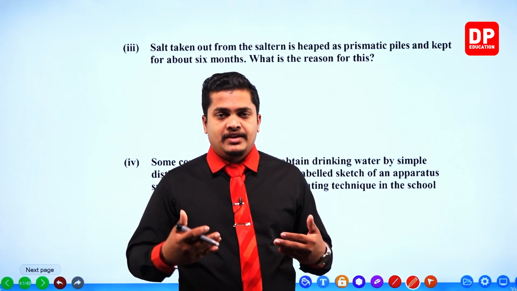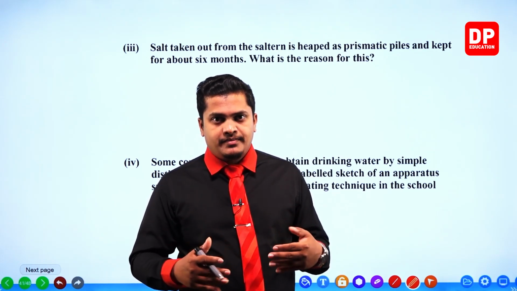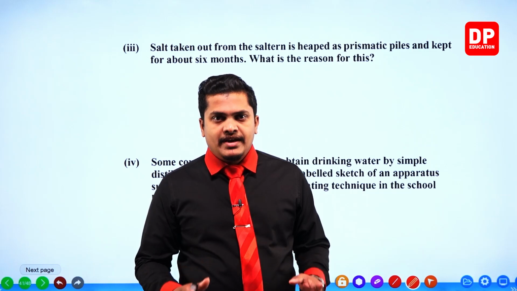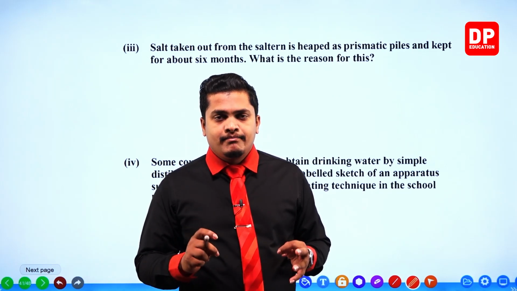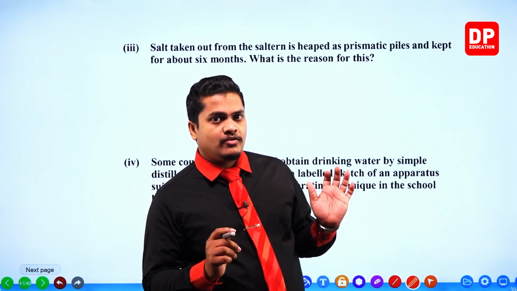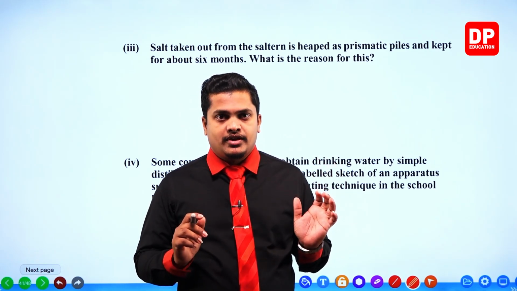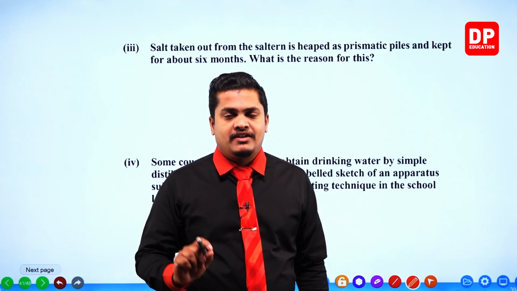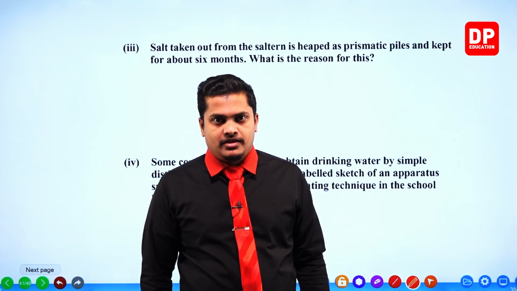So that's why we are making it into prismatic shapes and storing it for about 6 months, my dear children. The main important thing in storing this salt is to remove the impurities like magnesium sulfate and magnesium chloride contained within the salt.